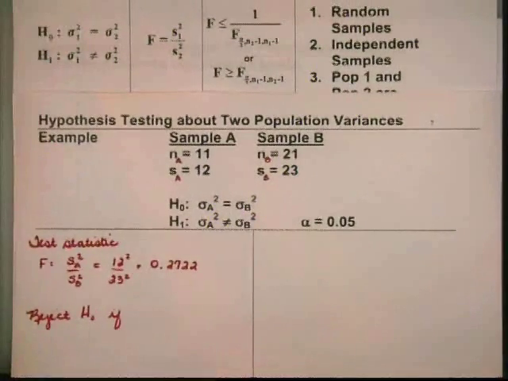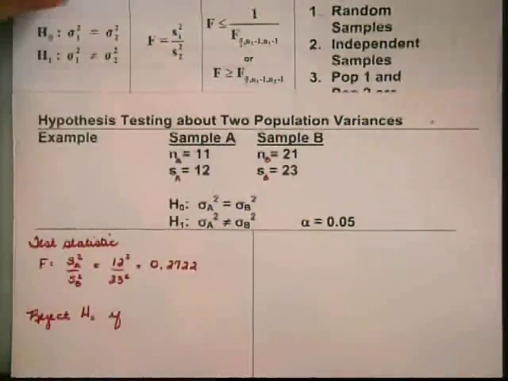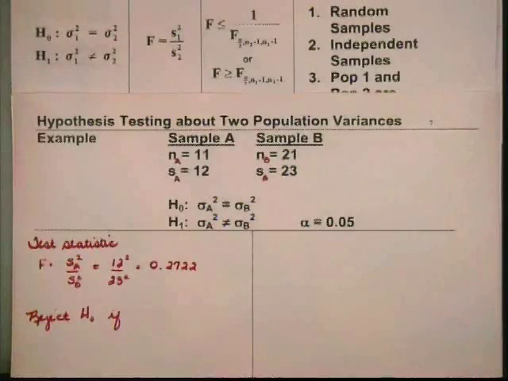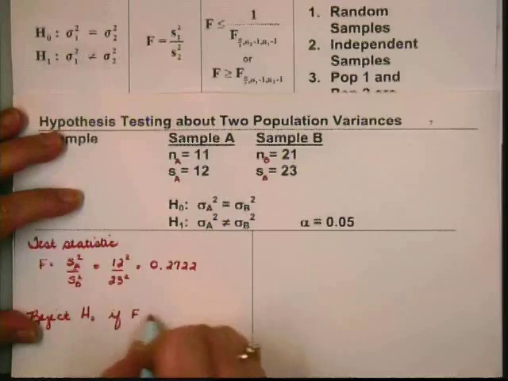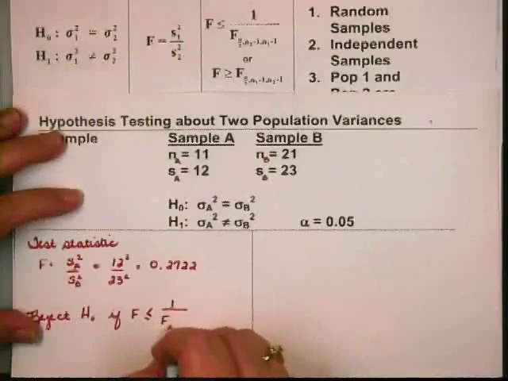At the top of our screen, if the F value is small, smaller than what? If F is small, if F is less than or equal to 1 over F determined by alpha over 2, alpha over 2 would be 0.025.